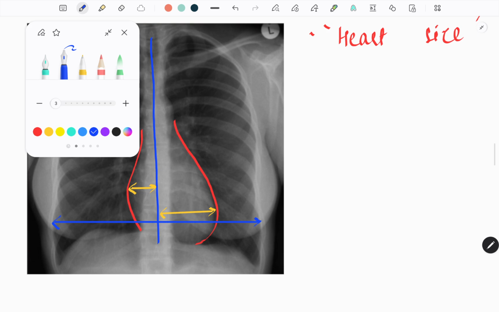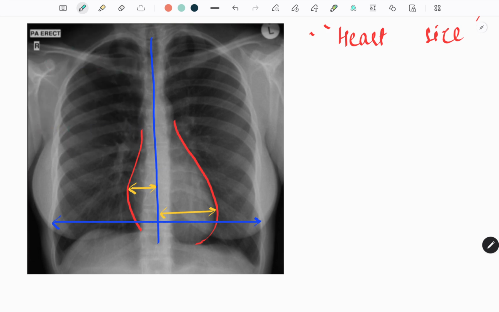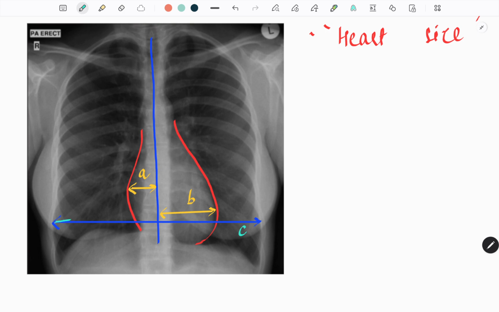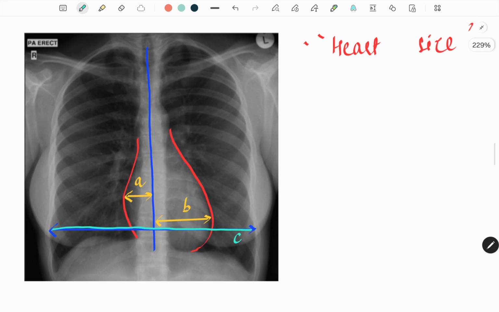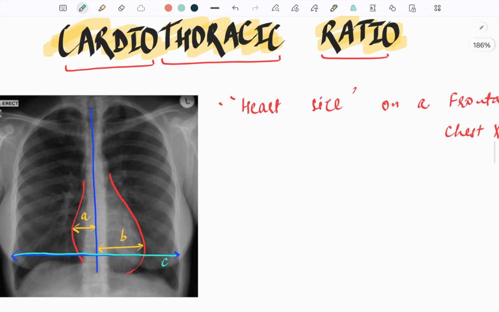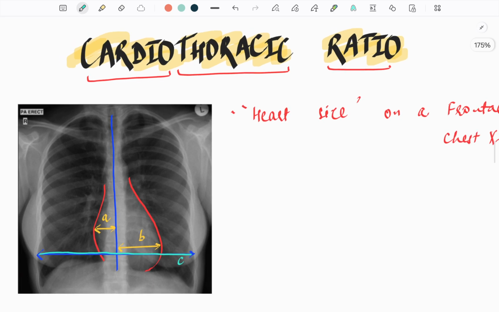So I'll do the markings. I'll mark this A, this B, and this is C. This whole line is C. Now, what would be the cardiothoracic ratio?